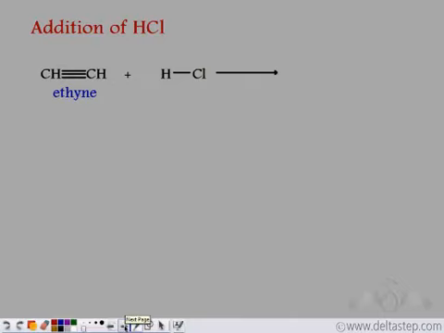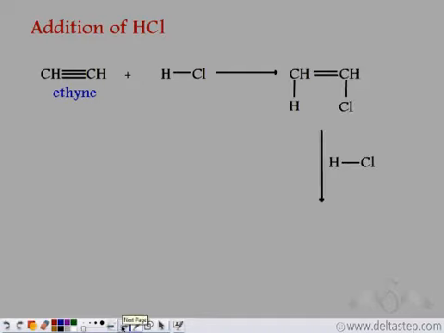Let's take the addition of HCl to ethyne. So in the first step, like in all cases, the triple bond changes into the double bond. The H of HCl attaches itself to one carbon atom. The Cl attaches itself to another carbon atom.